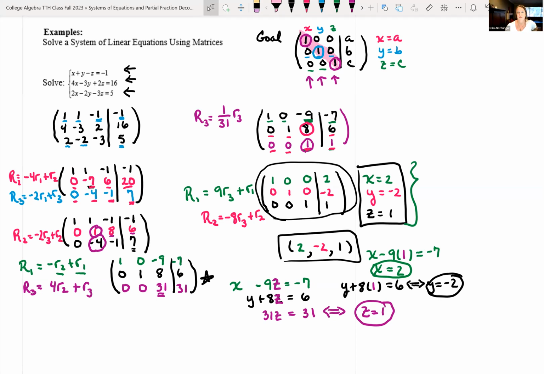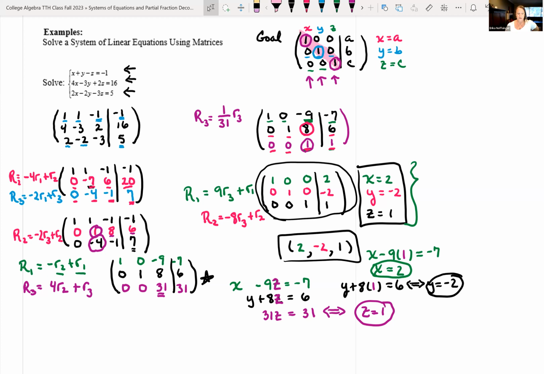So the system of equations that we just looked at is an independent system because it has one solution. Another word you might hear is this is a consistent system, meaning it does have a solution, or at least one solution.